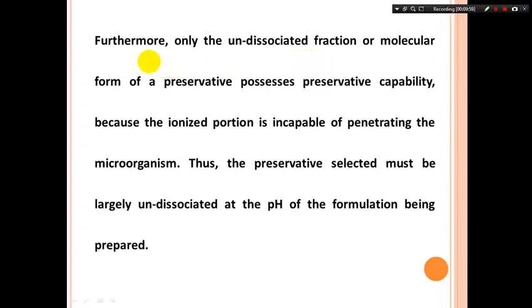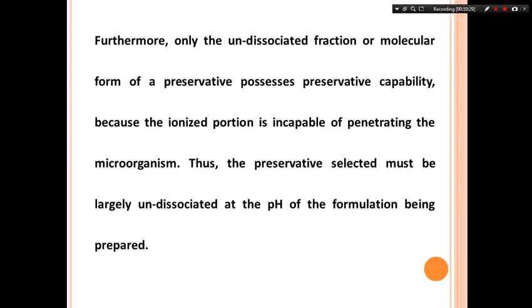The second consideration is that only the undissociated fraction, the unionized form of the preservative, possesses the preservative capability. If the ionized portion is present, it cannot penetrate the microorganism.